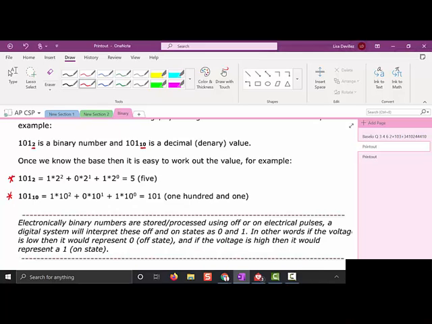Basically, if we use 0 and 1, and if you enjoy this sort of thing, digital electronics is a great course to take where you actually get to work with these signals.